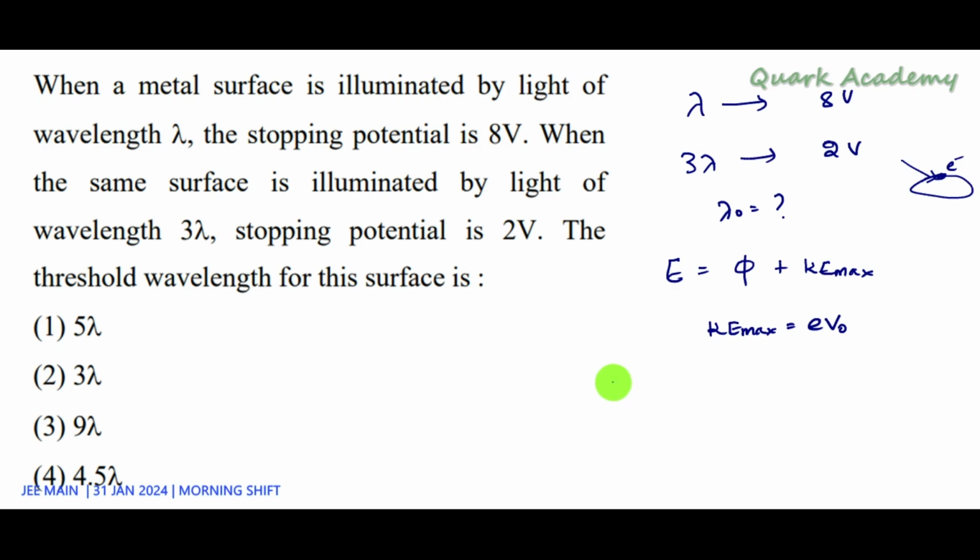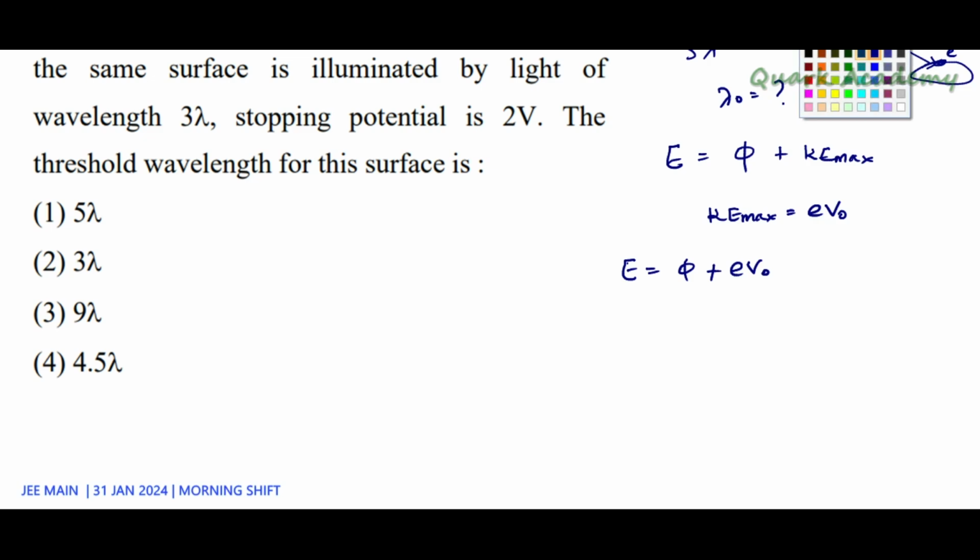Okay, so the equation is getting changed. E equal to phi plus e into V0. V0 is the stopping potential. Now, let's rearrange this one. e into V0 can be written as E minus phi. So, this incident energy of a photon, we can write as hc by lambda.